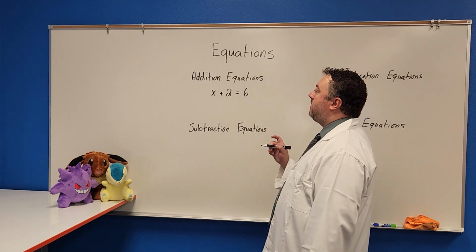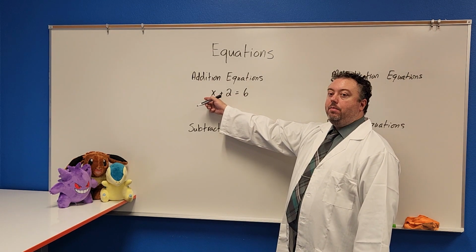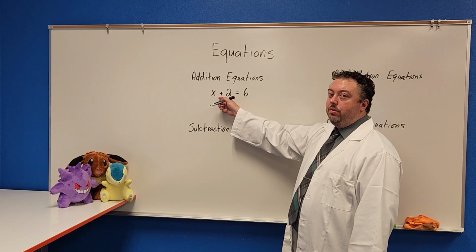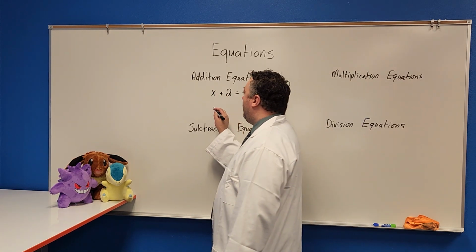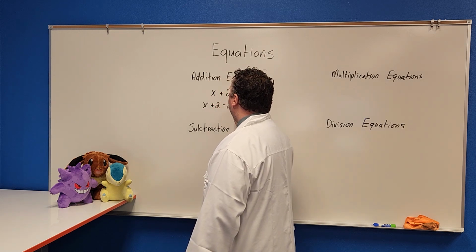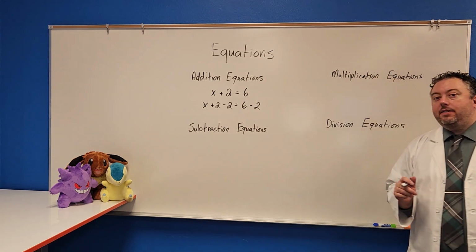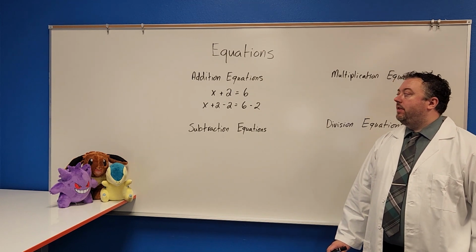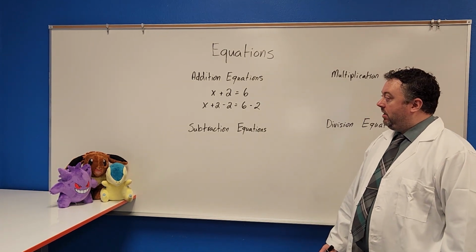So in this case, I want to get this variable x all by itself, so I need to get rid of or undo the addition of 2. So to do that, I am going to use the subtraction property of equality, which says I can subtract the same thing from both sides of an equation, and it will result in an equivalent equation.